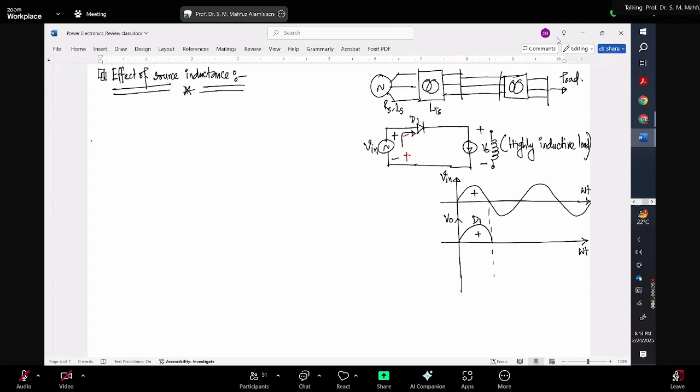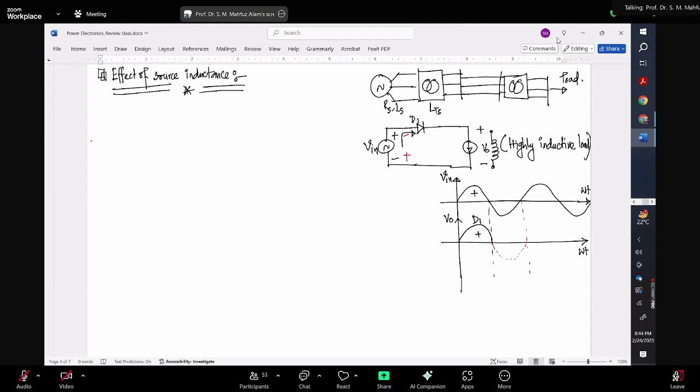So you will find that for the negative half cycle also, the diode will still be conducting, because the inductance is behaving like a current source and doesn't allow this diode to be turned off.